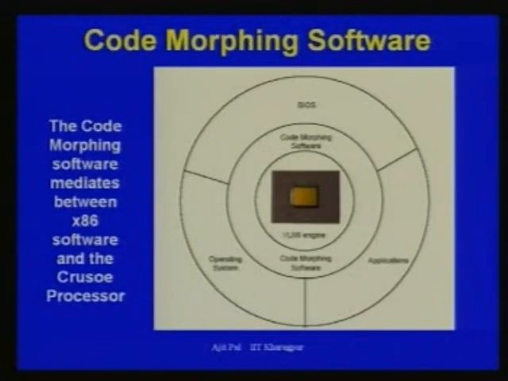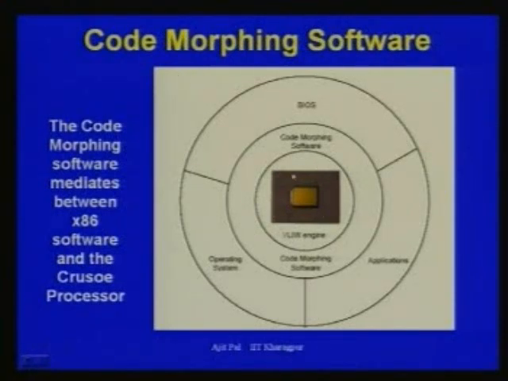So, you are executing in parallel both in case of superscalar and VLIW, but difference is in one case you are taking the help of hardware, in the other case you are taking the help of software. There lies the difference.